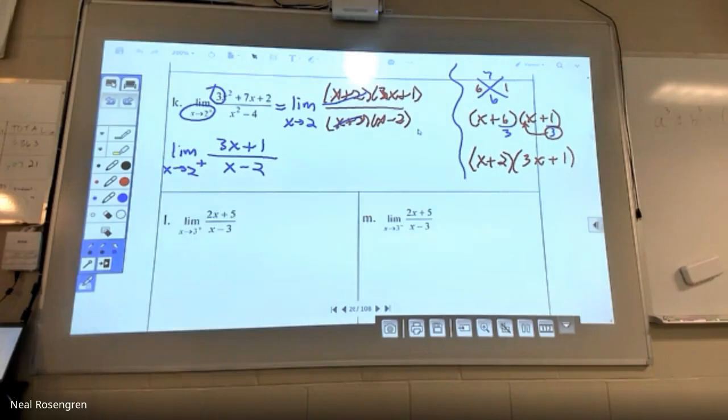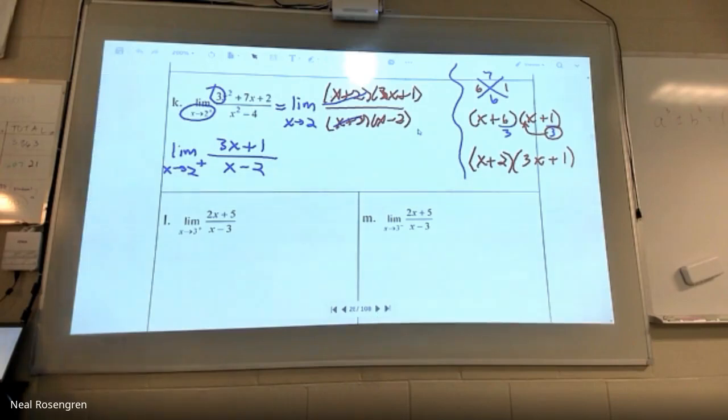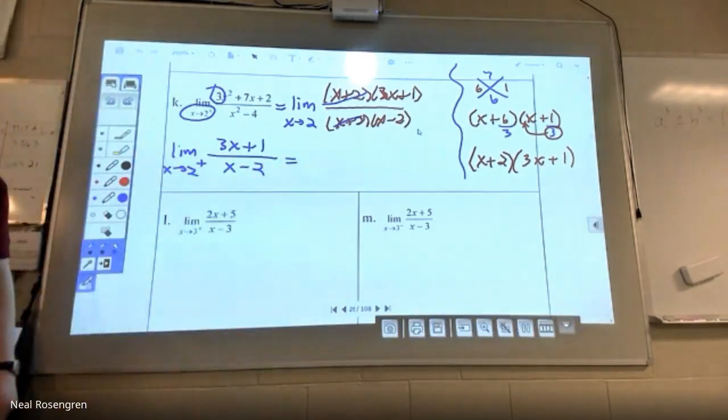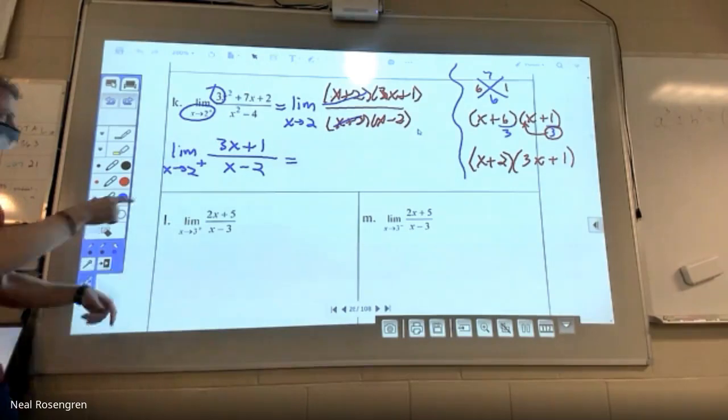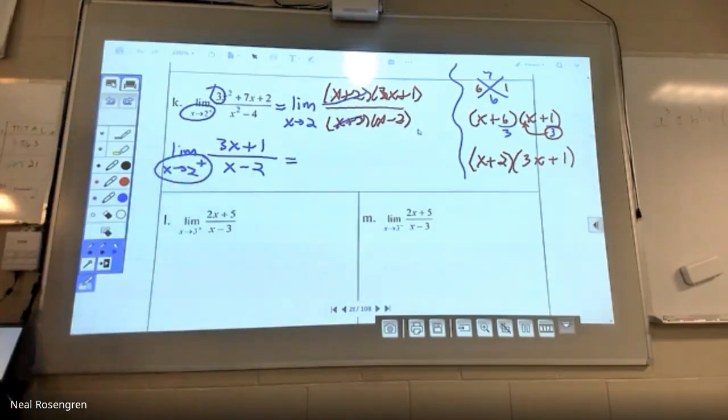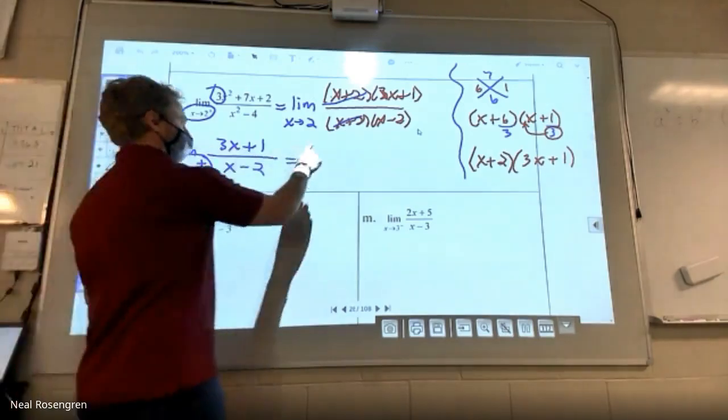Let's go to the right and see what happens. If you remember, we did that with like the 0.9 and the 1.1 yesterday, right? We had that function that we just wanted a one-sided limit at an asymptote. I just want to know what direction. So let's plug in a number over here. Give me a number close to 2, but on the right. 2.1.